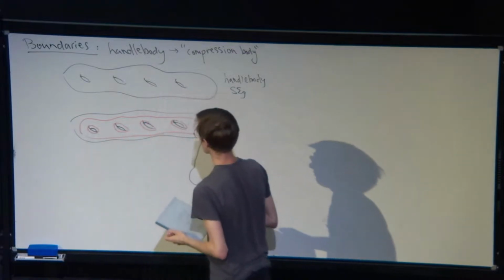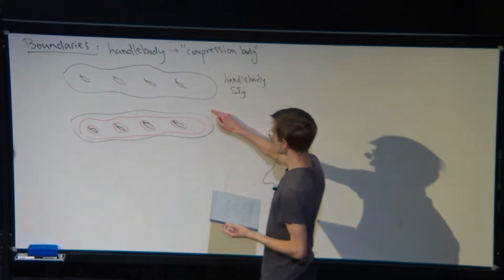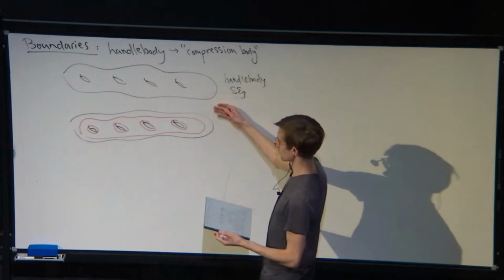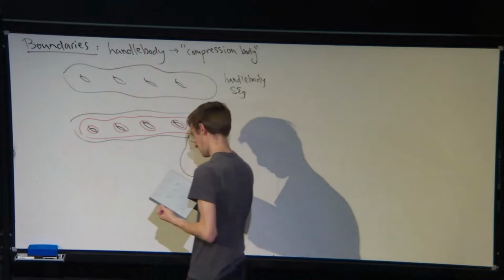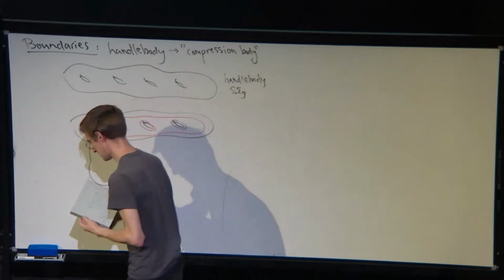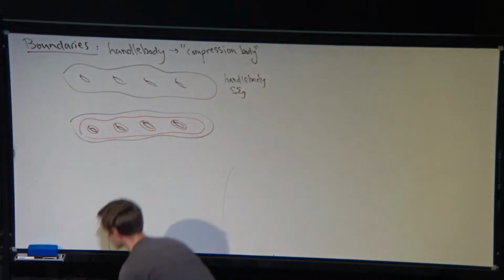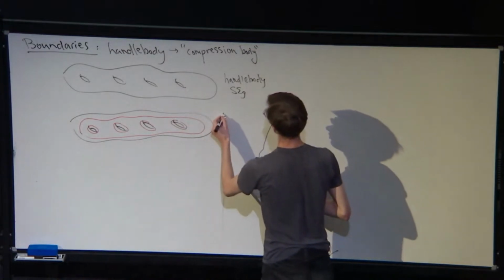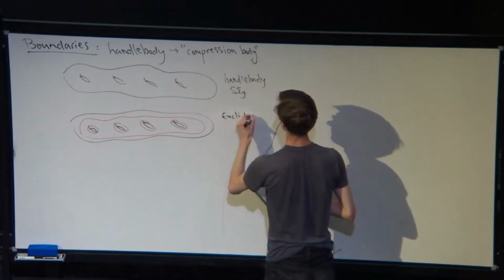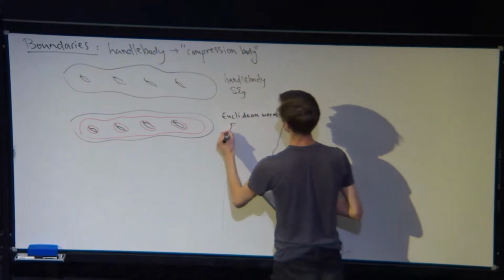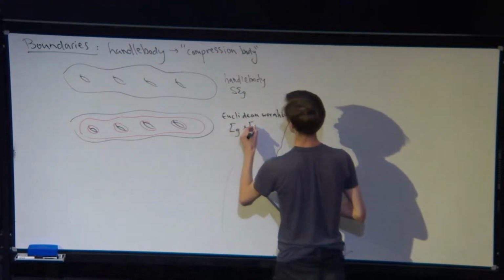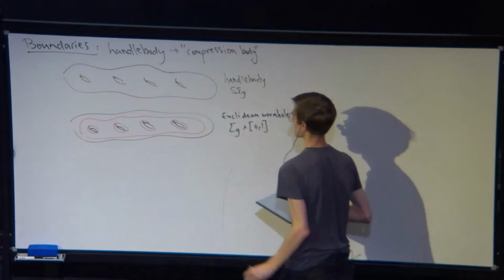So now what you have is a configuration with two sigma boundaries. There's the outer one and the inner one, because you've drilled out this handle body in the interior. So topologically, what this is has gone under the name of the Euclidean wormhole, although it's usually not drawn this way, which has the topology of sigma times an interval. Okay?